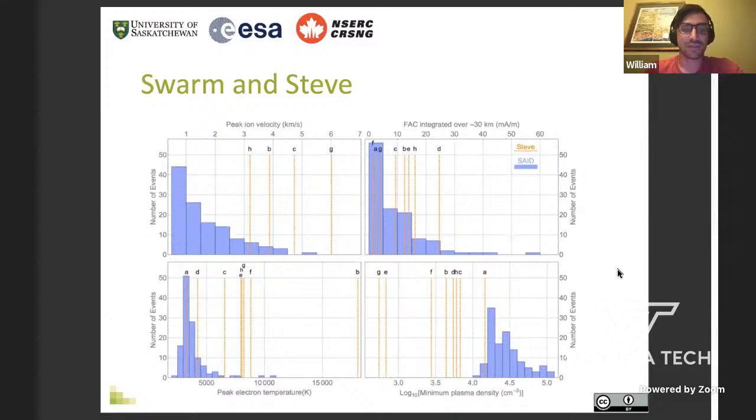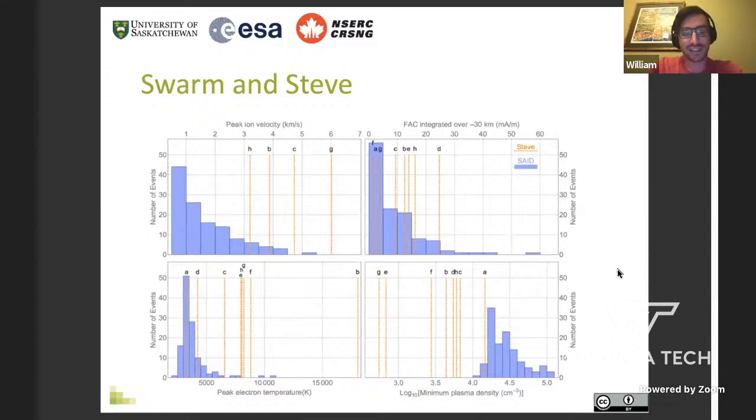We've got 4 or 5 or even higher in all of the events, so very fast ion velocities. For the field line currents, it's not obvious whether these are extreme in any way relative to a normal event; it's hard to say from the data we have. But the peak electron temperature is quite large.